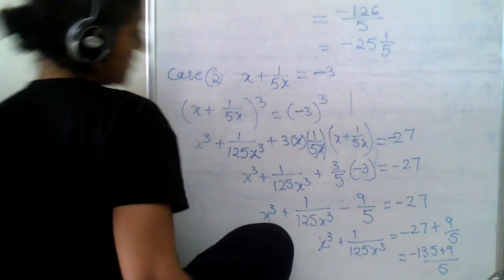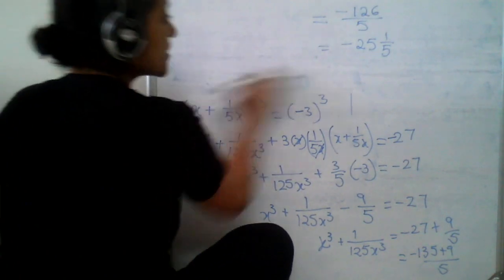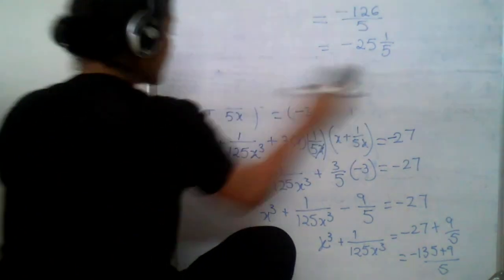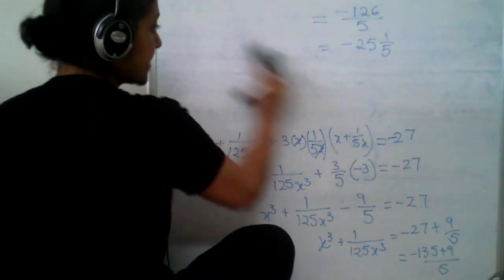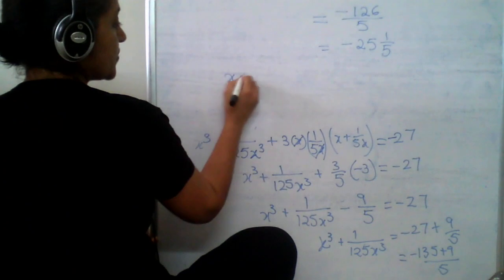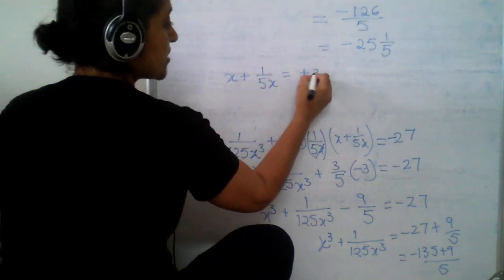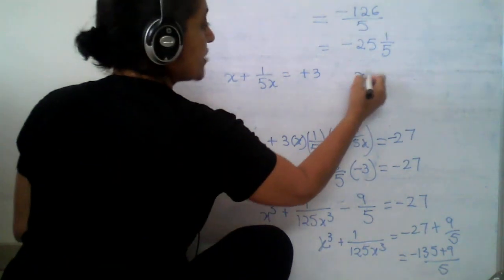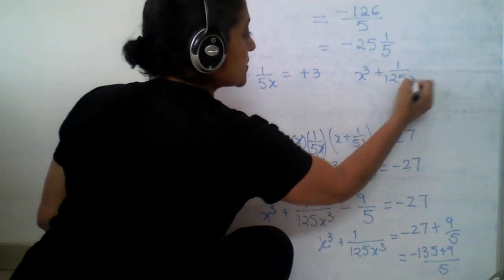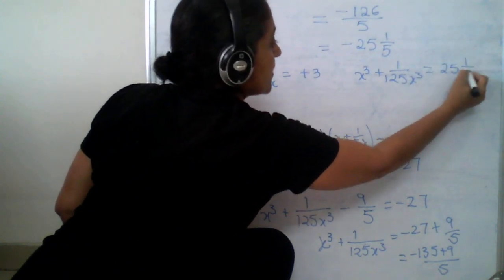Now you try to understand. If you take a number positive, you are getting a positive answer. If you are taking that number as negative, x + 1/5x value as negative, it will give you a negative answer. Now see, x + 1/5x equal to positive 3 when you took, what is the value of x³ + 1/(125x³)? That is 25 1 by 5.